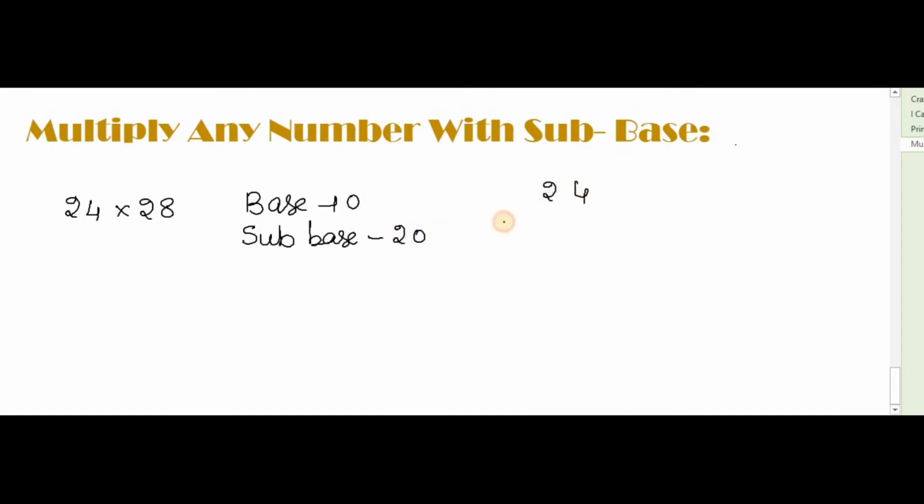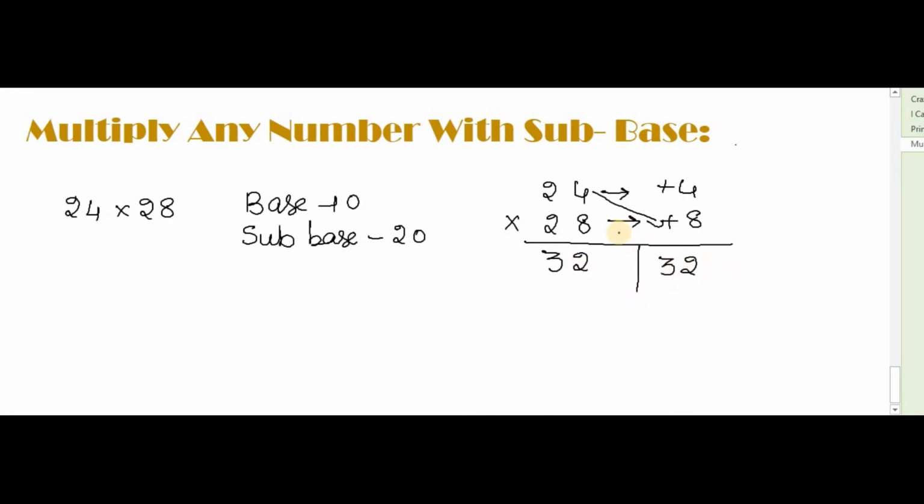So 24 multiplied with 28. The same procedure we followed previously. It is more than 20 by 4, and it is also more than 20 by 8. And now cross: 24 plus 8 is 32. 4 8s are 32.